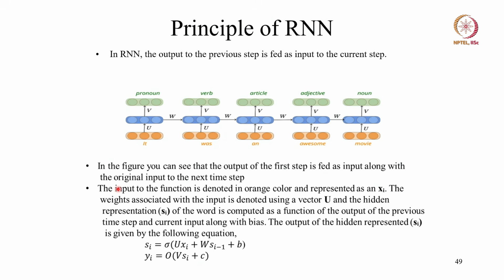So now the CNN architecture may not be suitable for all types of problems. Okay, so we have what is called the RNN. Okay, so what is the principle in the RNN? So the output of the previous layer is fed as input to the next step.